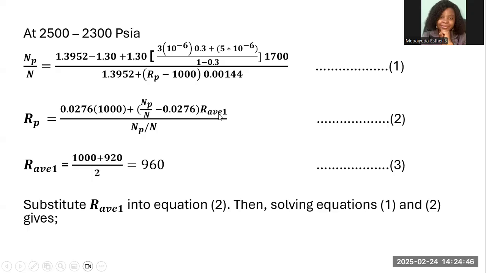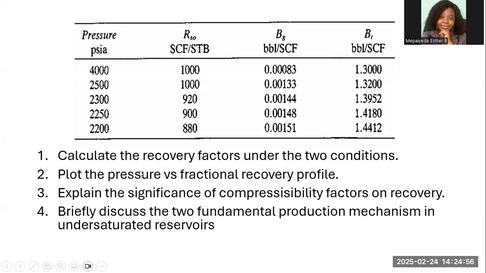And then you have the average R, which is 1000 plus 920 divided by 2, that's 960. That comes from your average R. If it is between 4000 and 2500, like you have here, it will be 1000 plus 1000 divided by 2. Between 2500 and 2300, you will have 1000 plus 920 divided by 2.